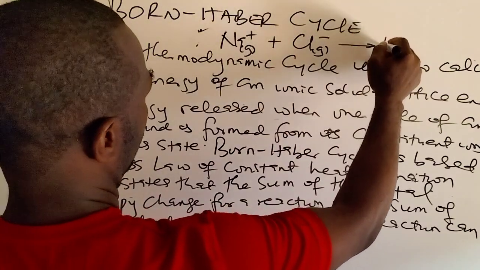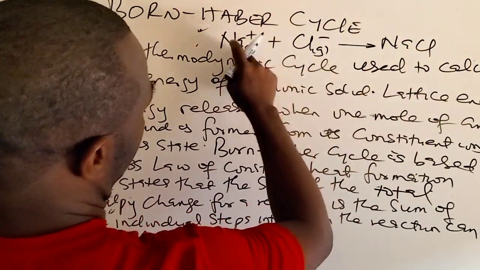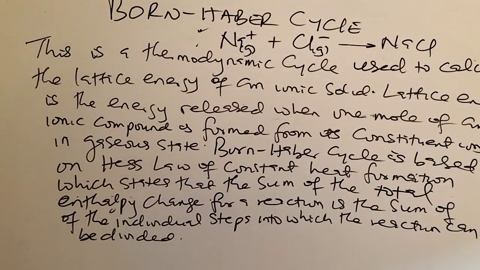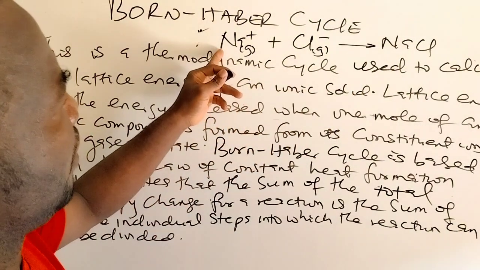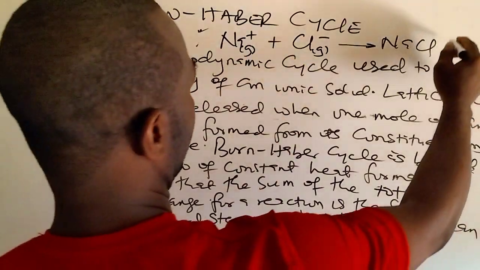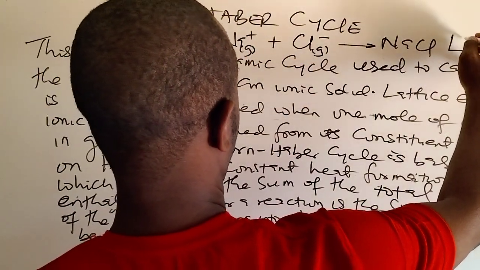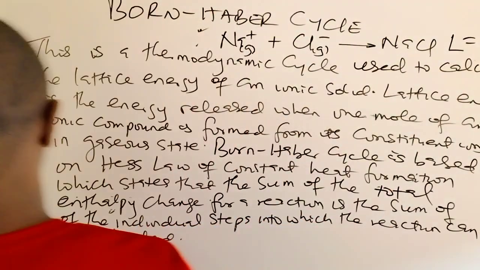So you now have sodium chloride produced from its ions. The energy for producing 1 mole of sodium chloride from its gaseous ions is known as the lattice energy. Let's call it L, the lattice energy of sodium chloride.